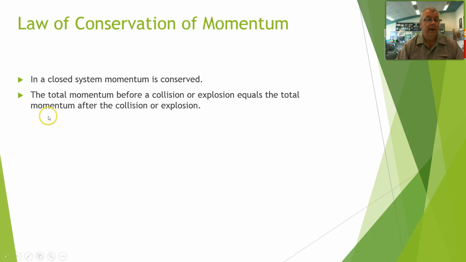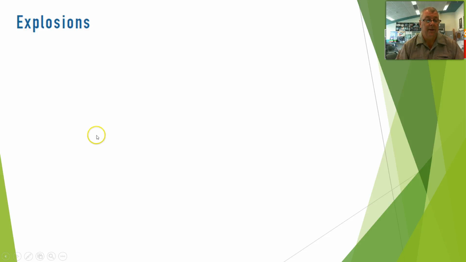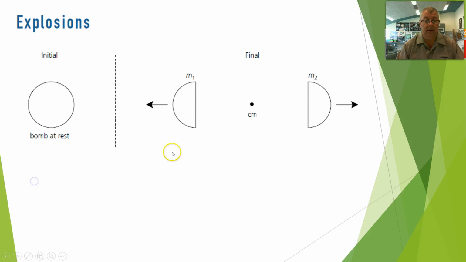And of course it says that the total momentum before a collision or explosion, remember in physical science we looked at collisions and explosions, equals the total momentum after the collision or explosion. And for explosions we had our bomb at rest and then it blew apart, so this initially has no momentum and then we have two pieces that have momentum, but because their velocities are in opposite directions and momentum is a vector quantity, those momenta should cancel each other out.